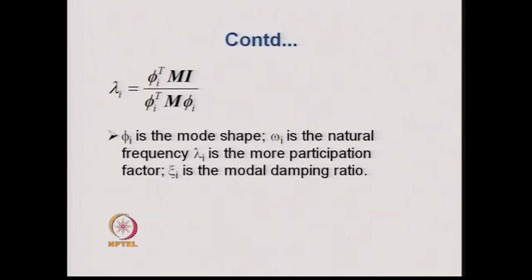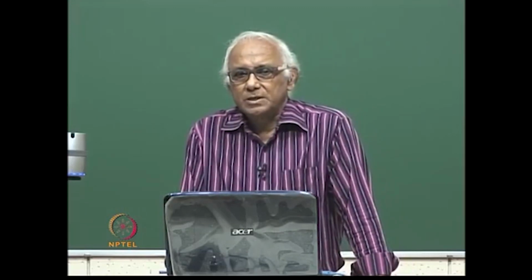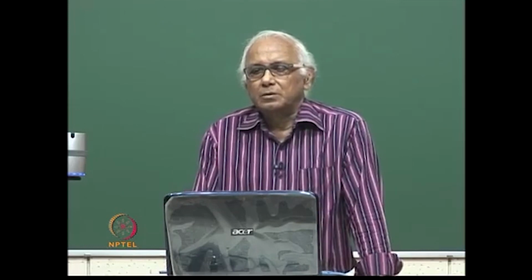The lambda I is obtained using this formula, that is phi I transpose m I divided by phi I transpose m phi I, where phi I transpose is the transpose of the ith mode and I is an influence coefficient vector generally consisting of 1 1 1 1 or 1 0 1 0 1 0, which we discussed in connection with the response analysis of structures to the deterministic ground motions.